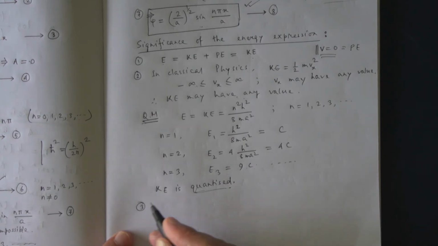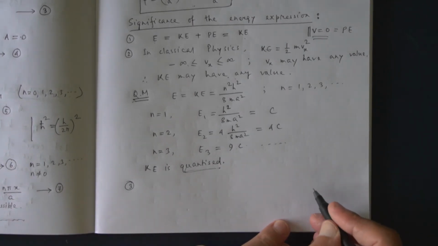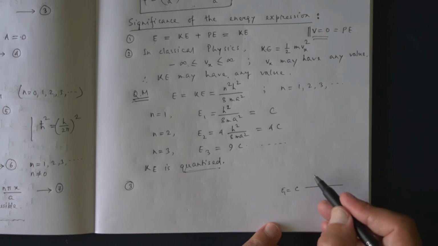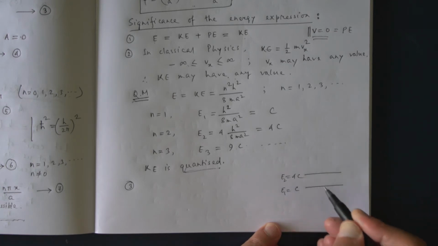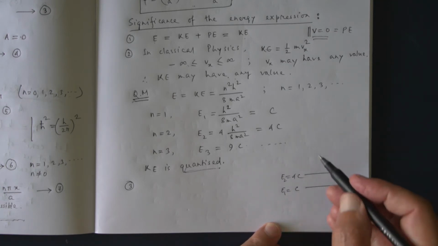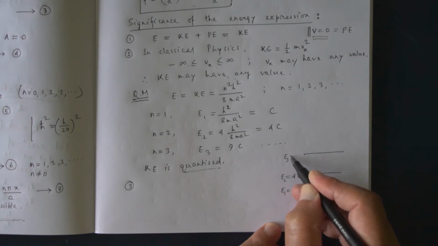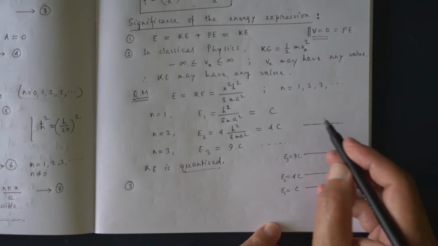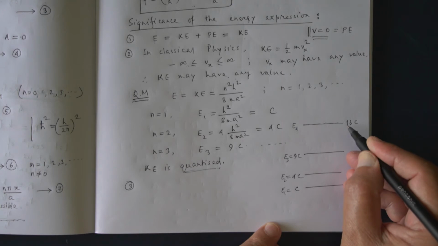Now, since kinetic energy is quantized, there will be some energy levels. This is the lowest energy level, energy equal to C. Next, this is the next energy level, E2 equal to 4C. Next level, E3 equals 9C. Then E4 equal to 16C.